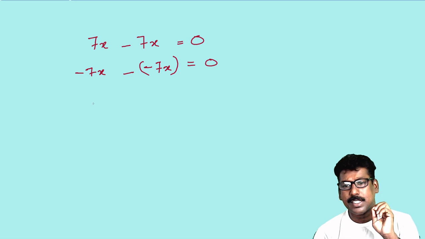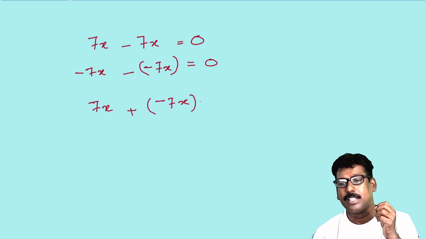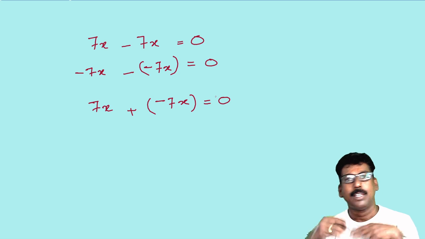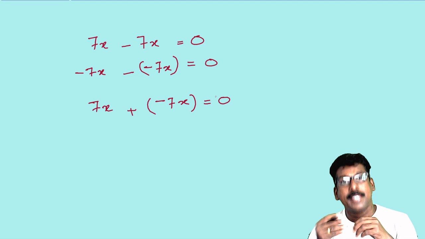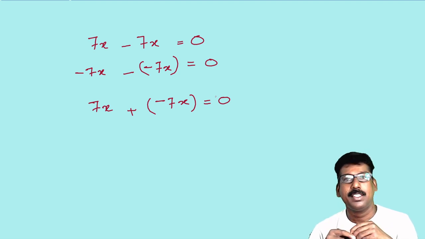Now if one term is 7x, then the other term is minus 7x. To get 0, what you have to do? You just add it. 7x minus 7x, again it will equal to 0. That means same terms, if you subtract, you will get 0. Same terms with different signs, if you add, you will get 0.